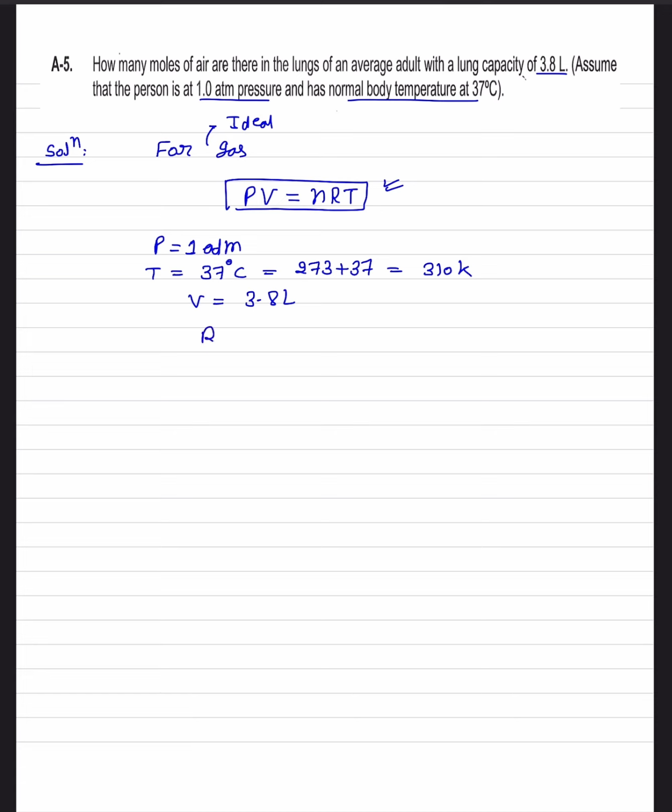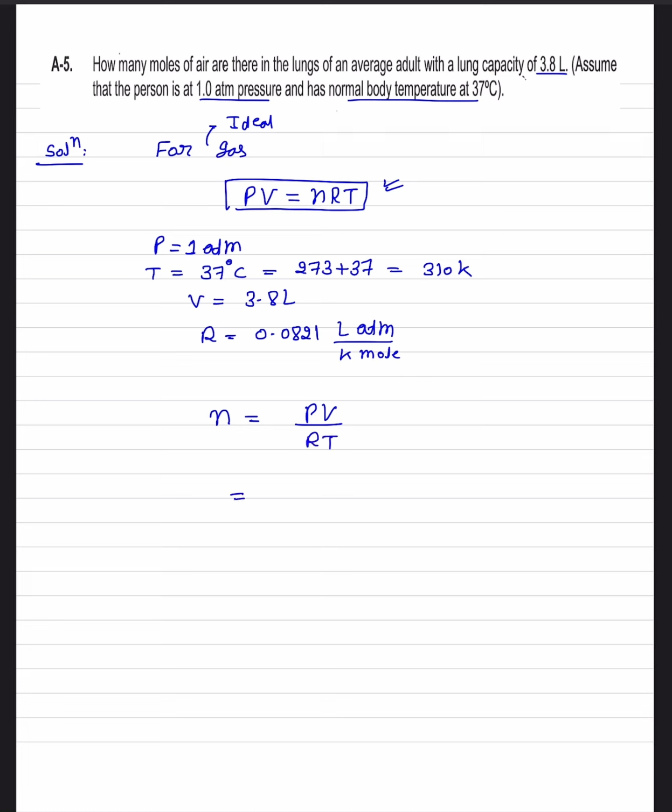And the R value, when volume at STP, how much is it? 0.0821 liter atm K inverse mole inverse. I hope you know this value. If you don't know, remember it now. So can we get the mole formula from here? Yes or no? That is n is equal to PV by RT.